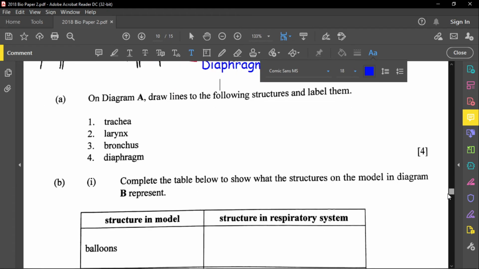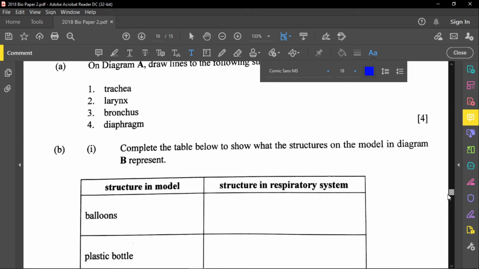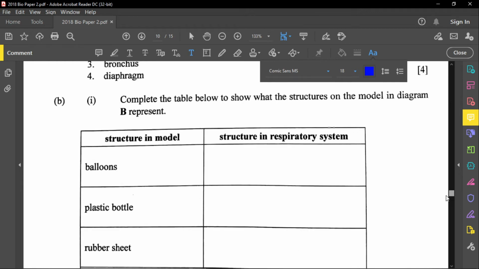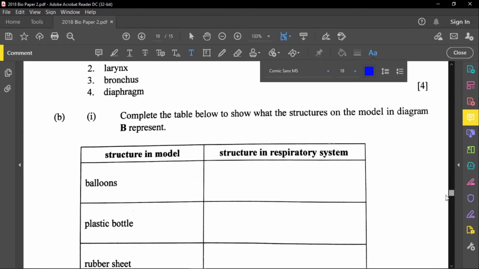Now the other part of the question said complete the table below to show what the structures on the model in diagram B represent. Based on diagram B, the balloons represent the lungs.